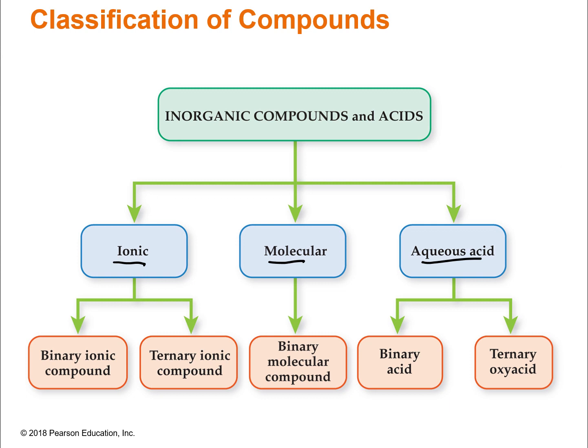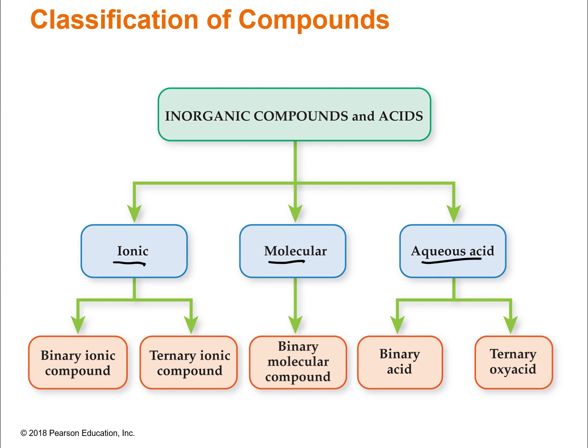This is a very good flowchart to have in your notebook. 2 reasons why. 1, it helps you place the types of compounds and gives you the broader picture. 2, I'm going to write down the abbreviations that I use throughout this lecture so that you know what I'm talking about.